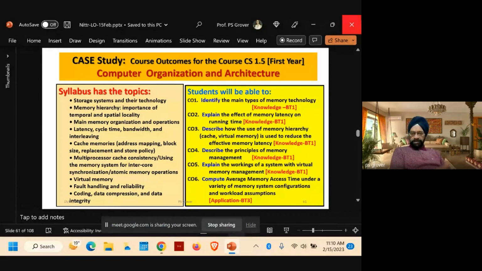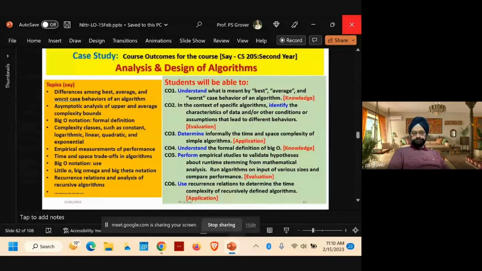We can go higher, but the majority of students will be like this. So wherever I have written the course outcomes, there are 4 or 5 of them, I expect the student to understand, to do simple application and so on.